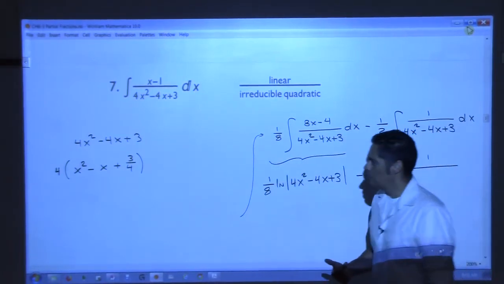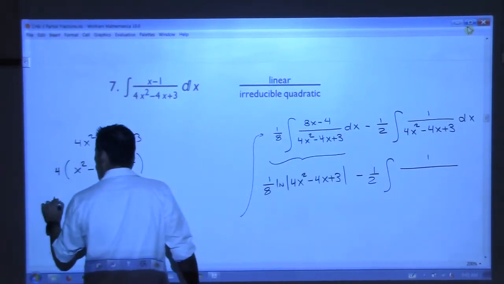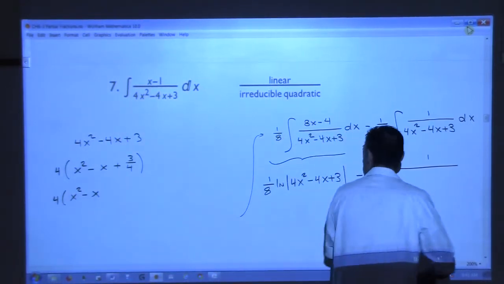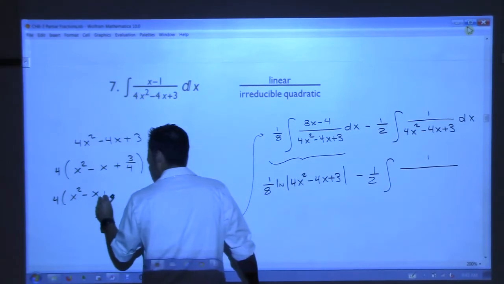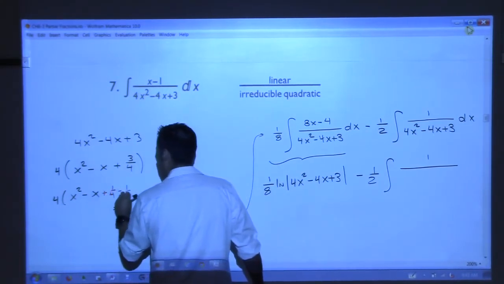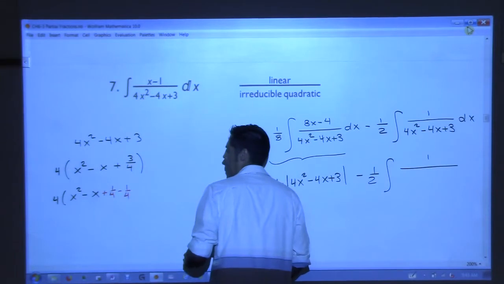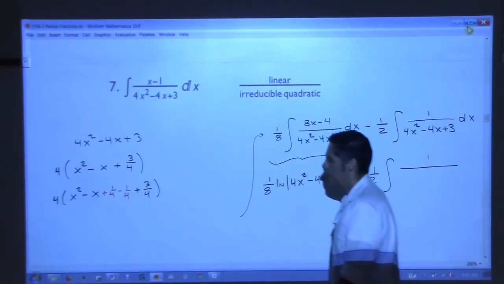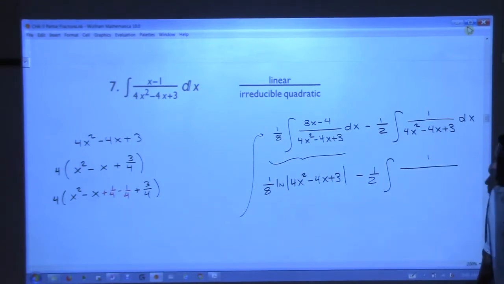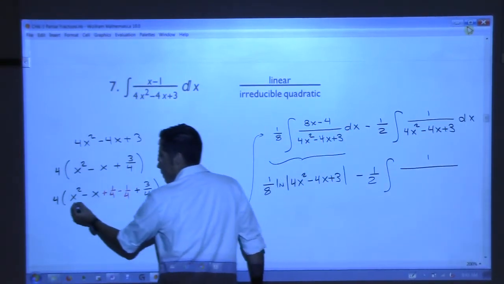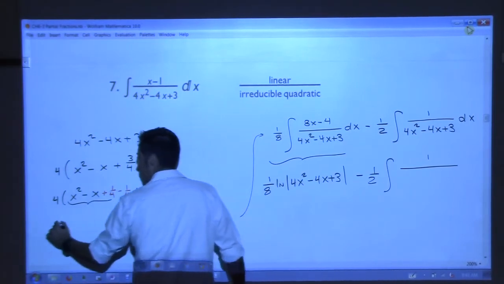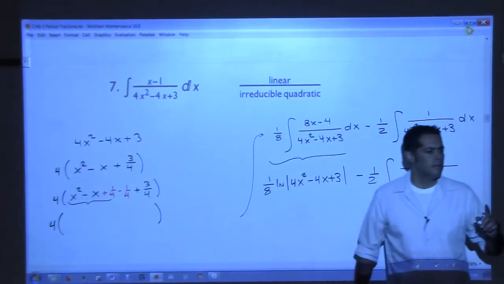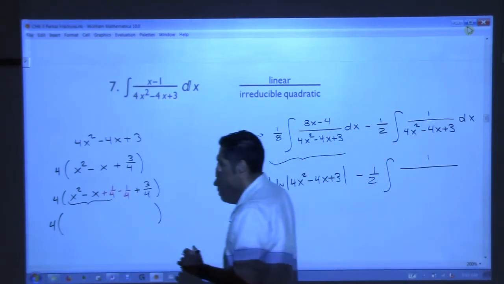Square it, 1/4. So I'm going to have a hidden 0 here: plus 1/4 minus 1/4, and plus 3/4. What do those first 3 terms factor to be here? So here's the 4. Should be x minus 1/2, squared.